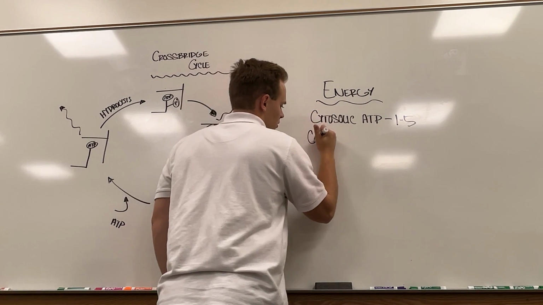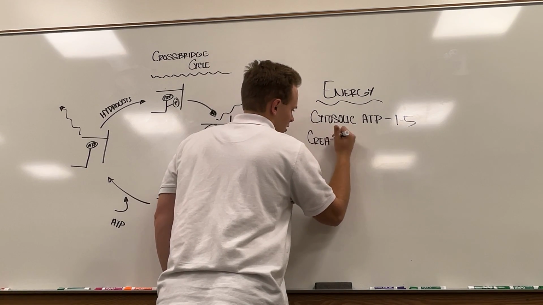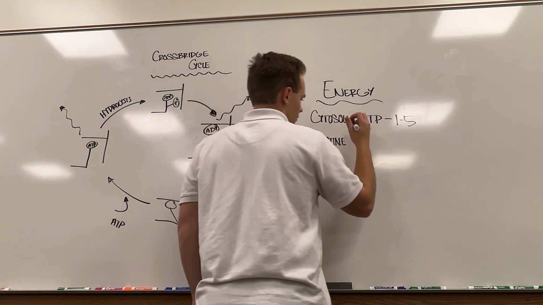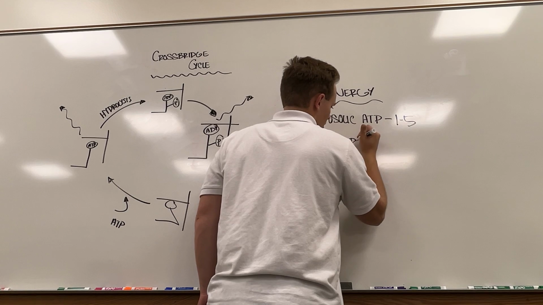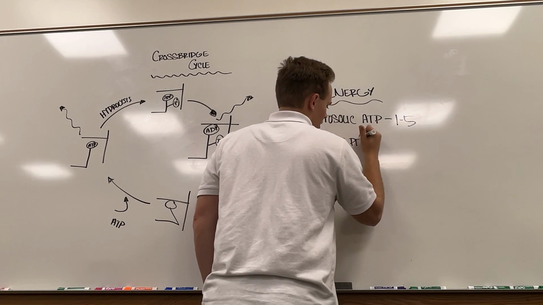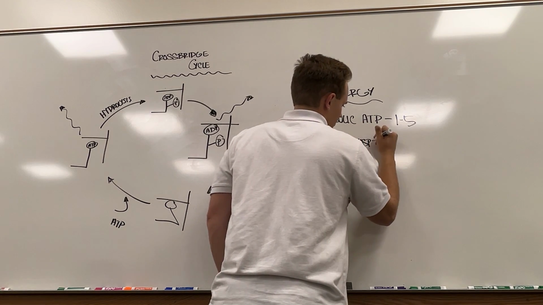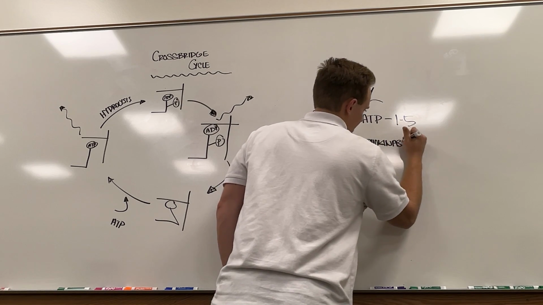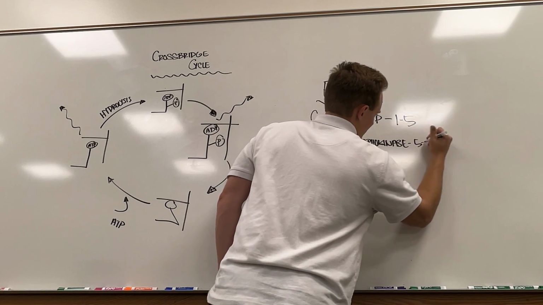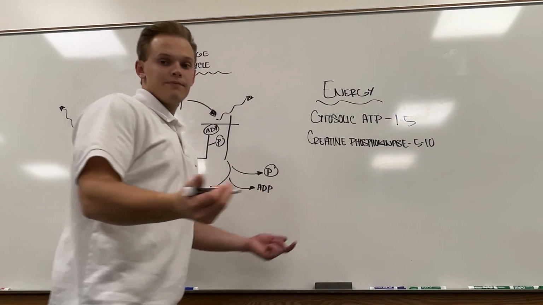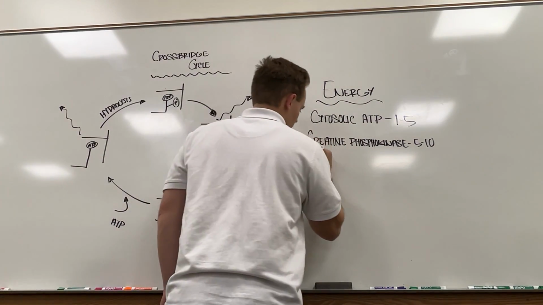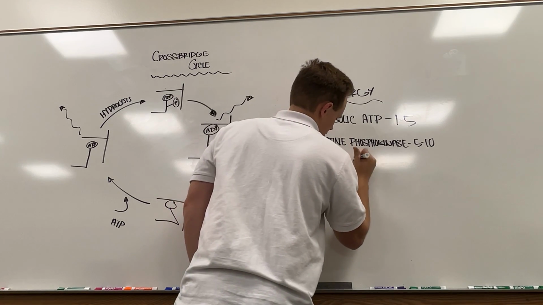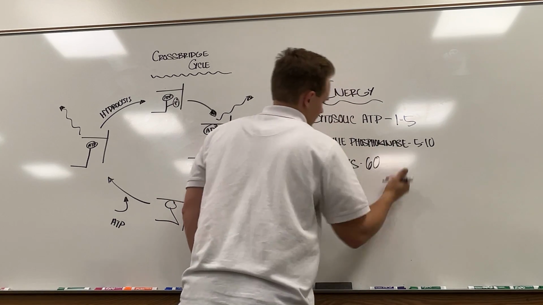Then you have your creatine phosphokinase, or CPK, which is going to give you about 5 to 10 seconds of energy. You have your glycolysis, going to give you about 60 seconds, okay?